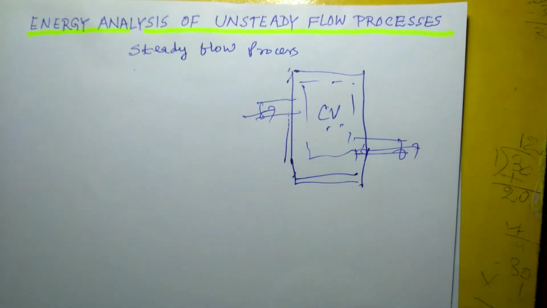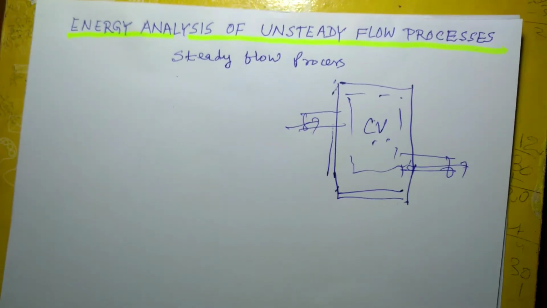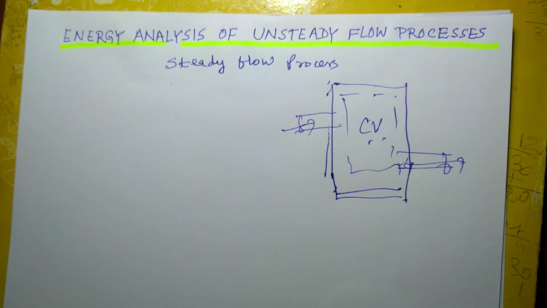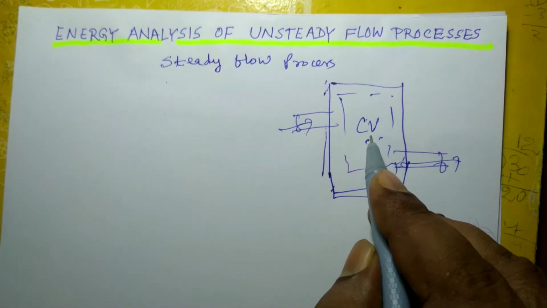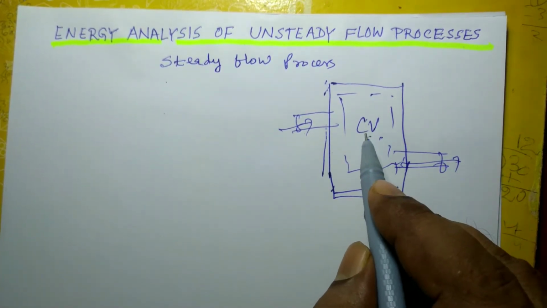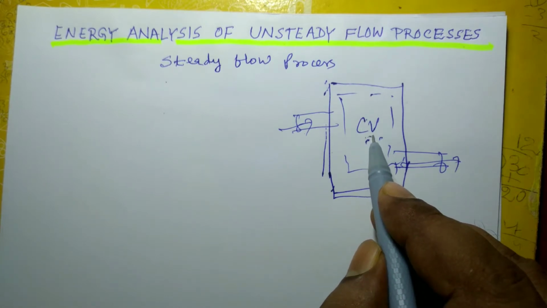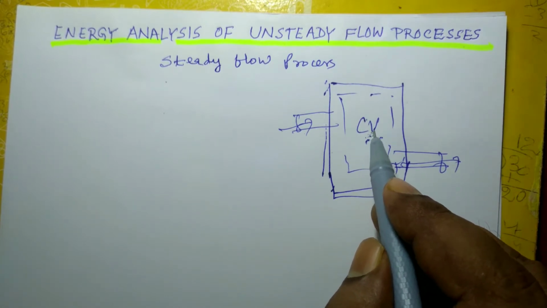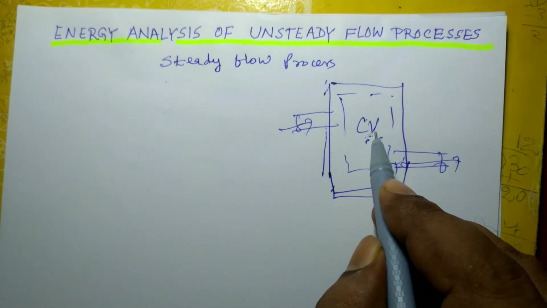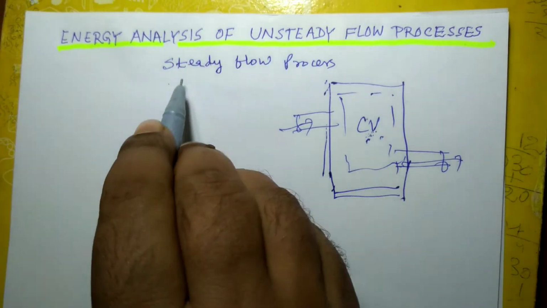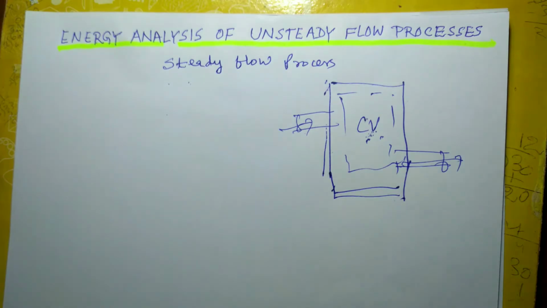And steady flow process is simple because there is no change within the control volume at any point of time, because no property of the control volume, be it intensive or extensive, changes with respect to time in case of steady flow process. Steady means invariant with time.